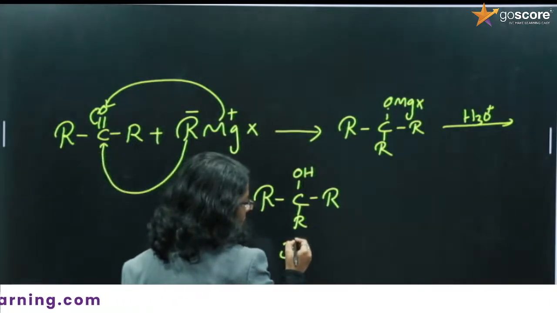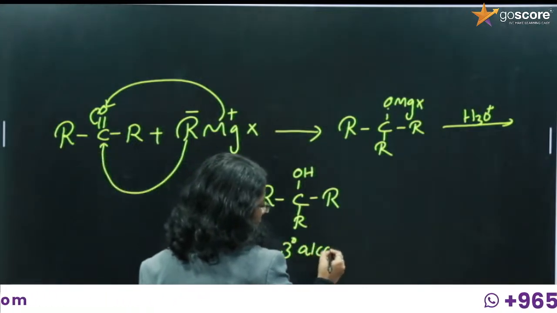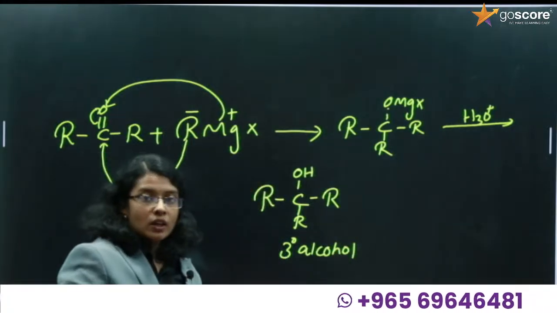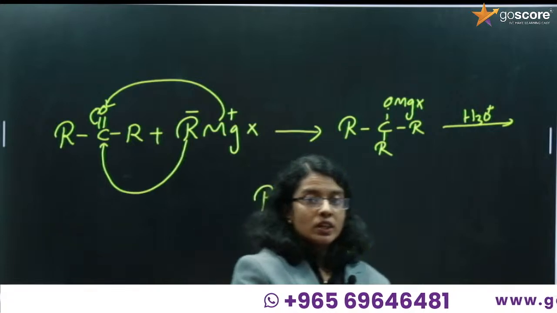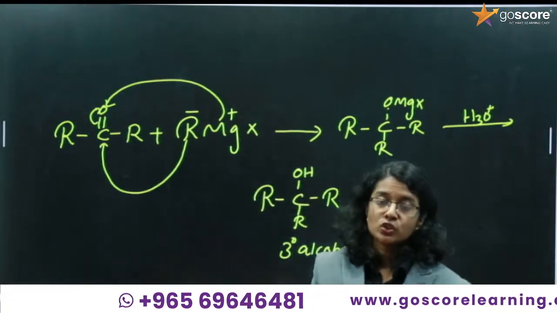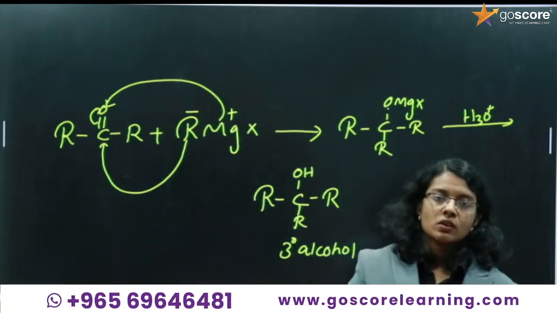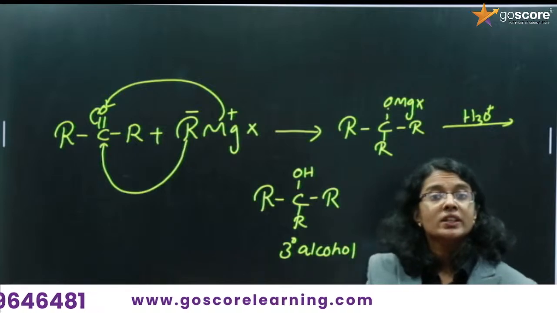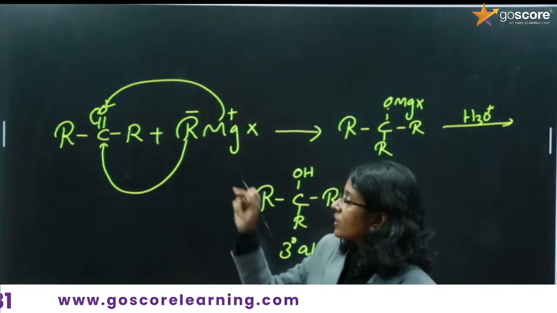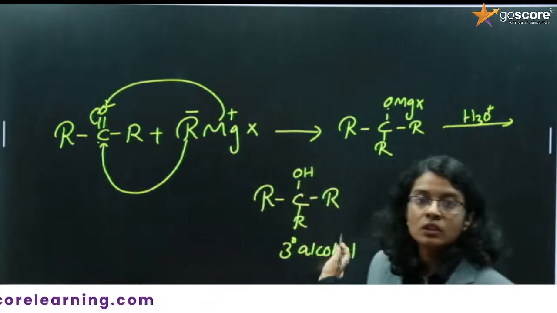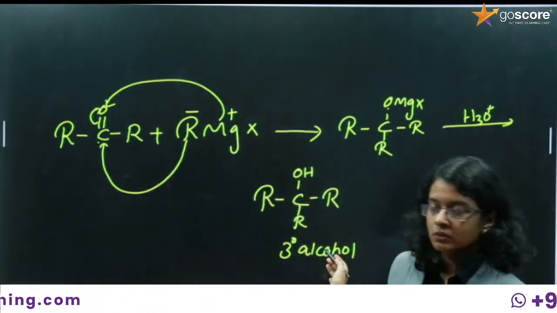Tertiary alcohol. So for addition of Grignard reagent, if you are treating formaldehyde, you will get primary alcohol. If you are treating other aldehydes, you will get secondary. And if you are treating ketone, you will get tertiary alcohol.